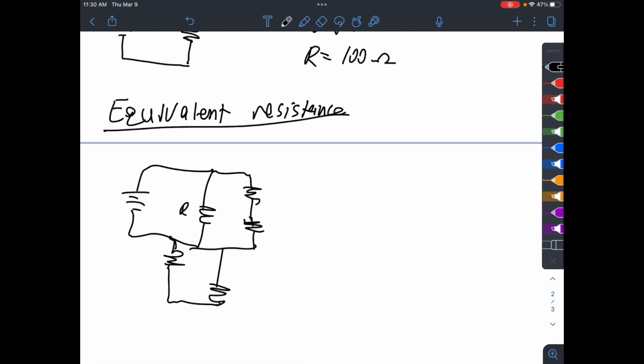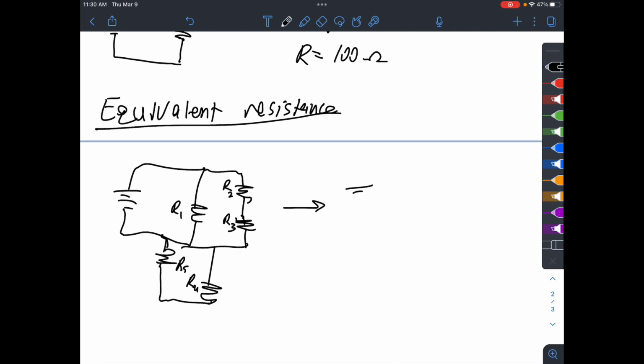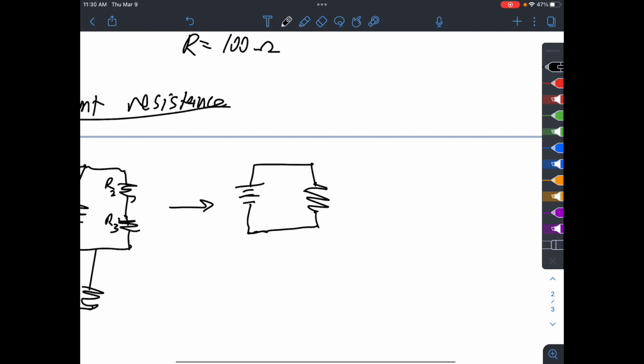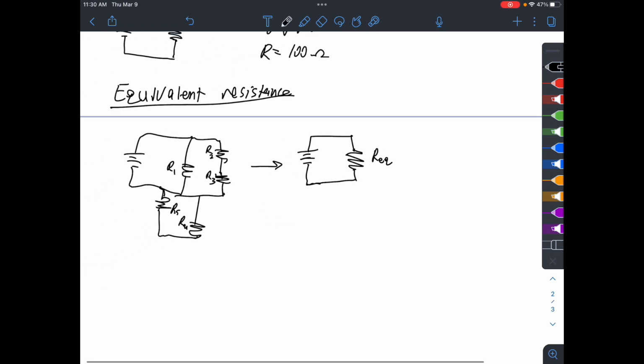These are all resistors, or R1, 2, 3, R4, R5. An equivalent resistance is sort of calculating, okay, if I simplified all this down to just having one resistor, how much resistance would that resistor have? And this would be R equivalent, or REQ.